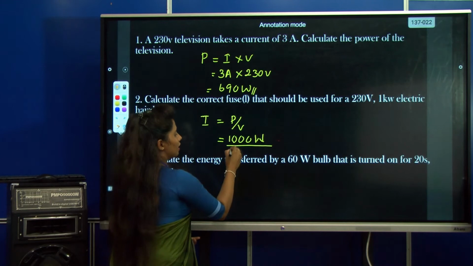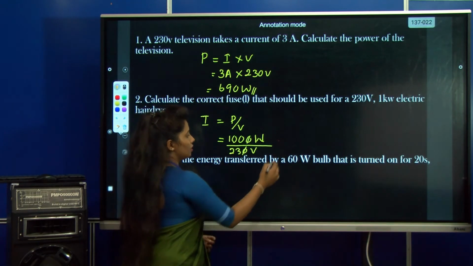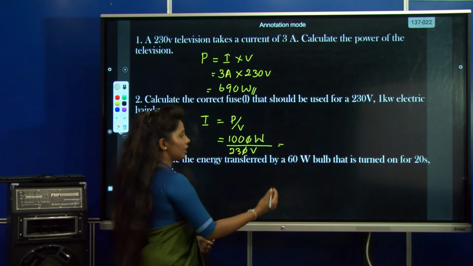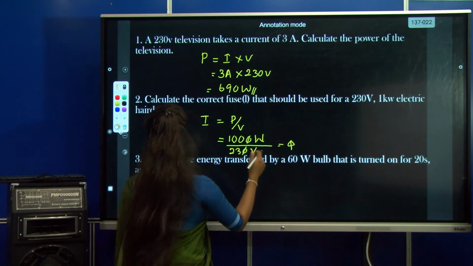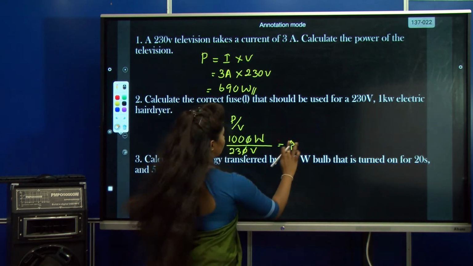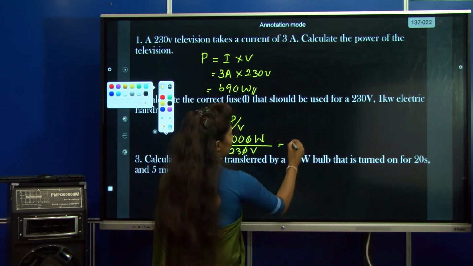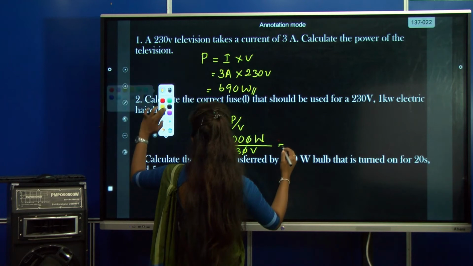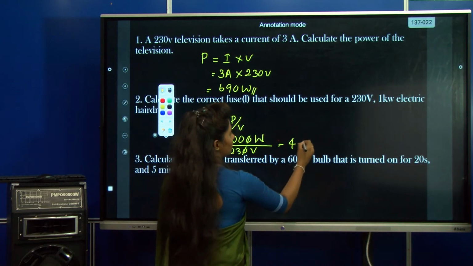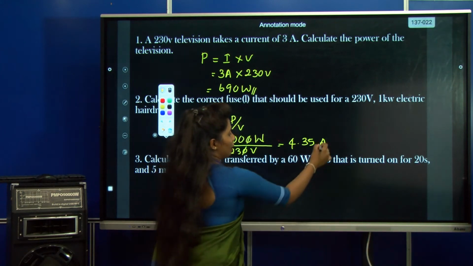Voltage is 230. We can get the final answer as 4.35 amperes.